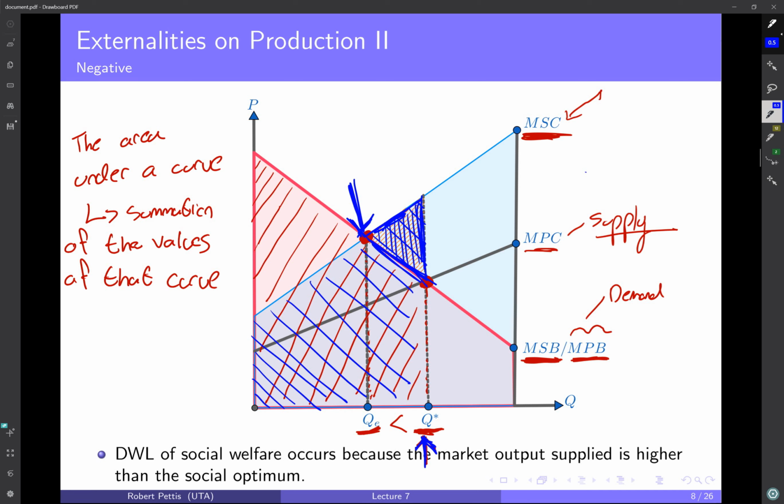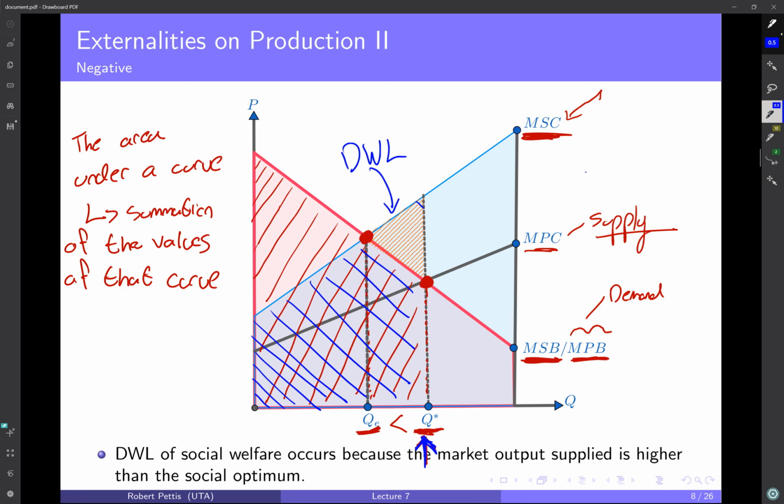In other words, stopping here prevents us from getting this extra social cost that isn't being compensated for by extra social benefit. So we're producing too much, and as a result of producing too much, we're getting this deadweight loss, this negative surplus in a way.